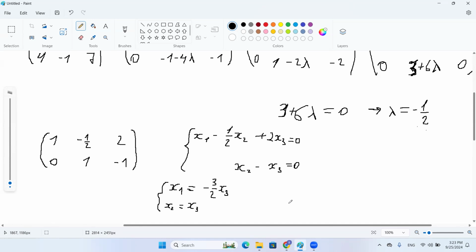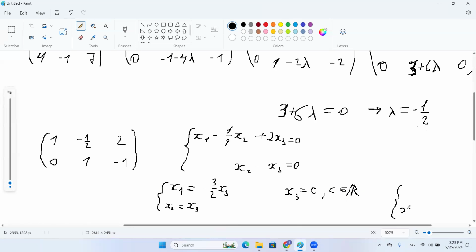So actually, what does it mean? The free variable is the variable which can take any values. We can also mark it as C, a constant, and C belongs to all real numbers. So it is any real number, and we can rewrite the solution.